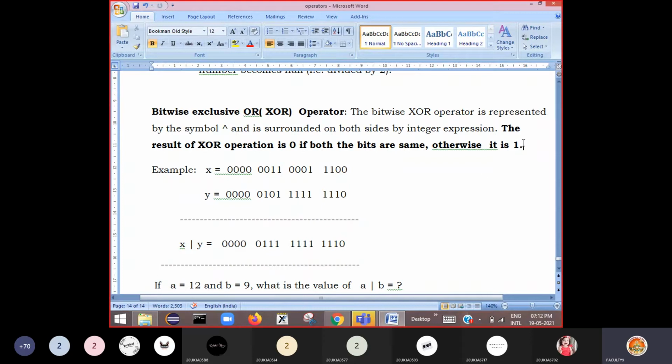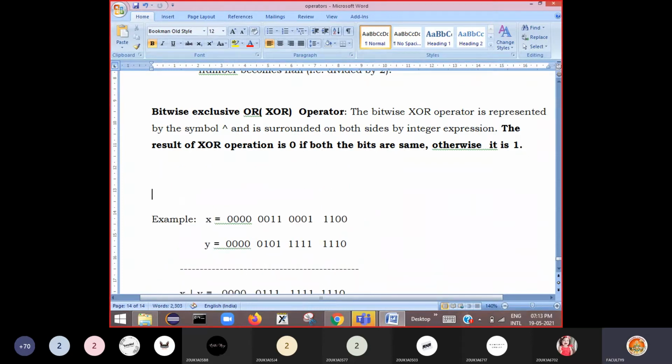For example, I'll just draw the XOR truth table here so that you can understand easily. Truth table for XOR.